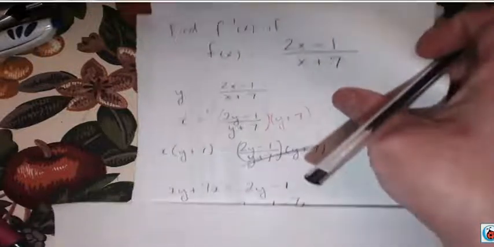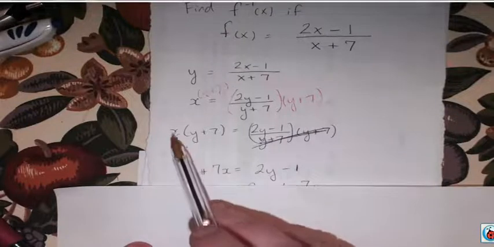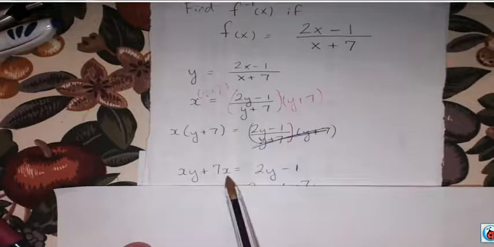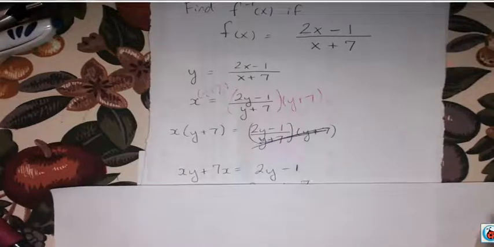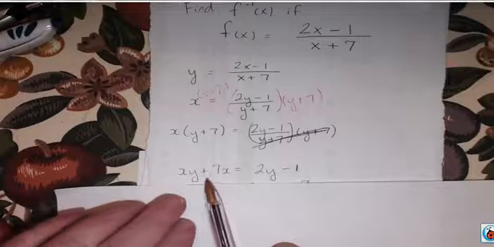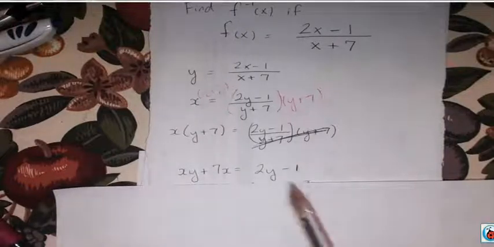And so I'll be left with 2y minus 1 over here. And then what I have to do now is to distribute the x through. Okay, now, you have to solve for y. You have to get y by itself. So what I need to do right now, some students at this point will just divide everything by x and say, okay, I'm done. No, because you've got a y over here.